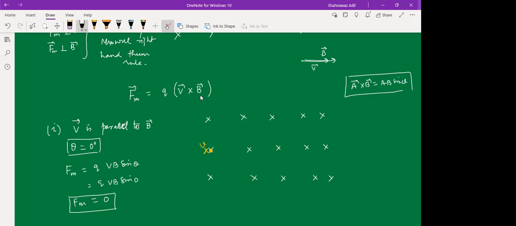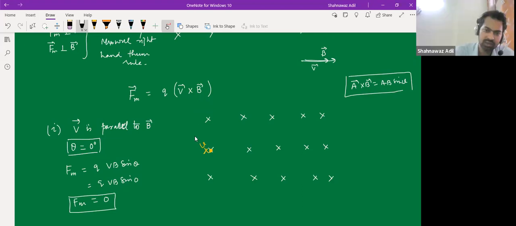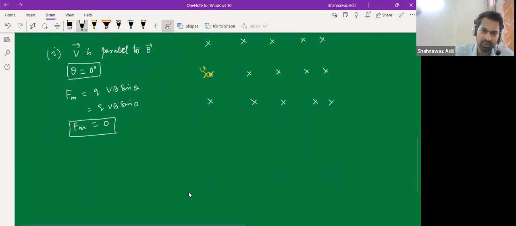Now, what are the attributes of this magnetic force?